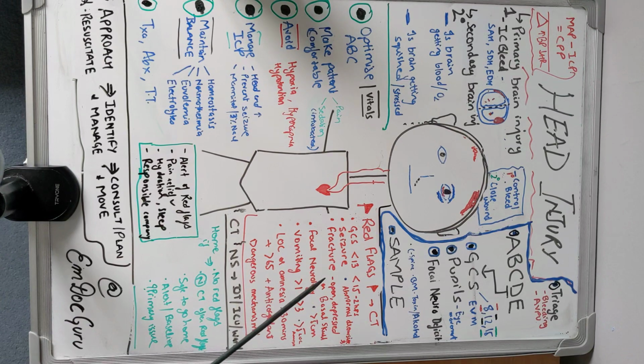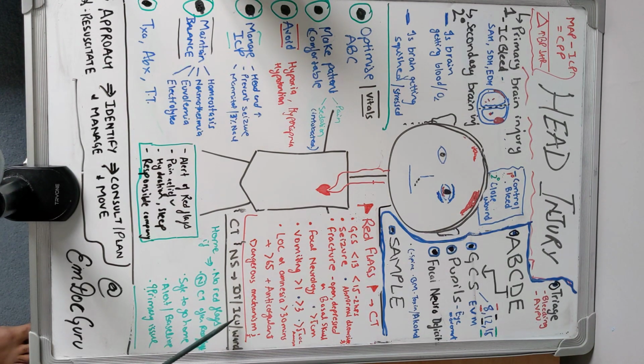Of course, if there is any major bleed or abnormal findings on the CT, then you should consider discussing it with a specialist, a neurosurgeon, and based on the discussion, you should make a plan. The plan could be that the patient goes to the operation theater, or if the patient is not needing surgery, he could be going to ICU, or he could be going to a ward.